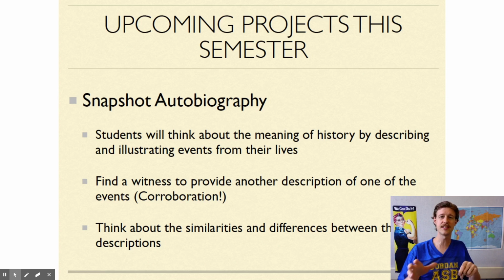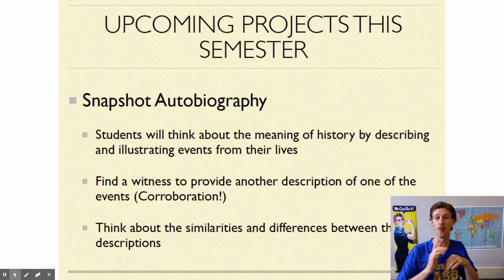Now, this leads us into our very first project of the year, which is an autobiography. Students are going to be thinking about the meaning of history by describing and illustrating events from their own lives. They're going to be talking about 3 important moments in their lives so far that have affected them, that have made them who they are today.